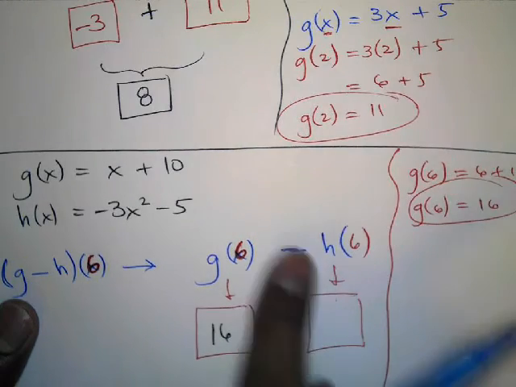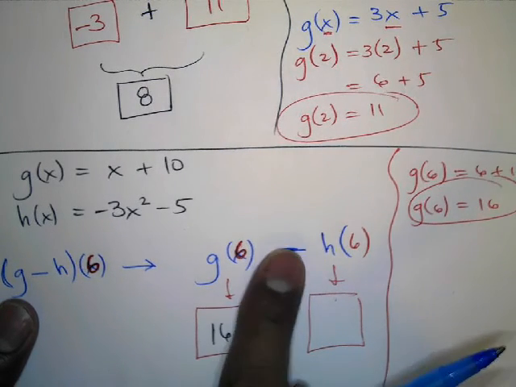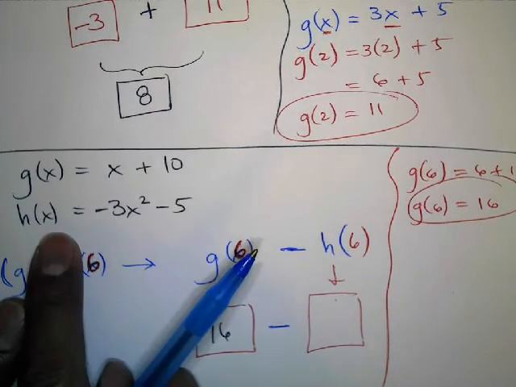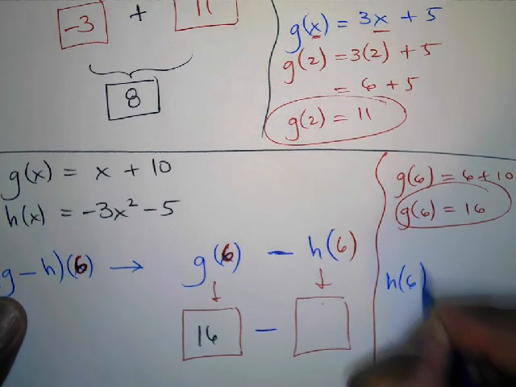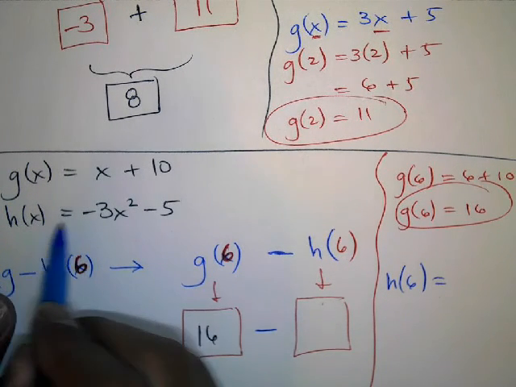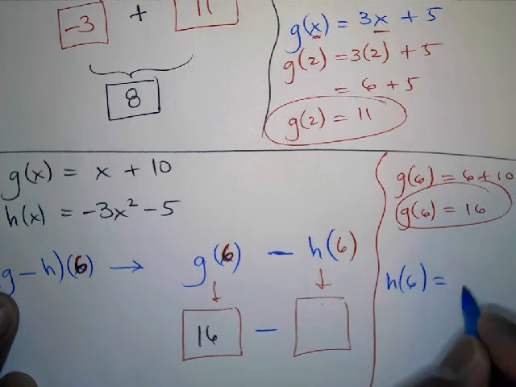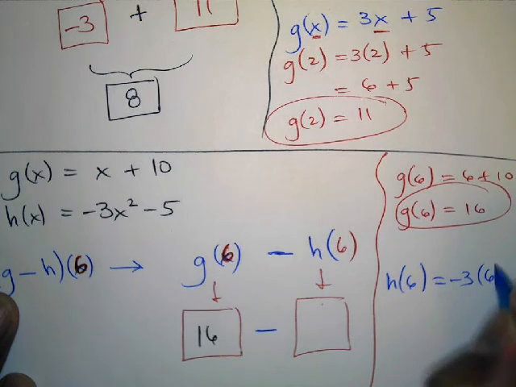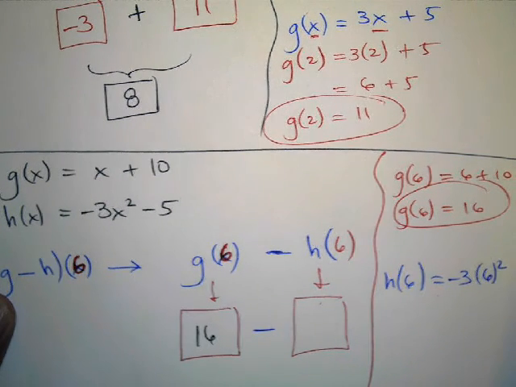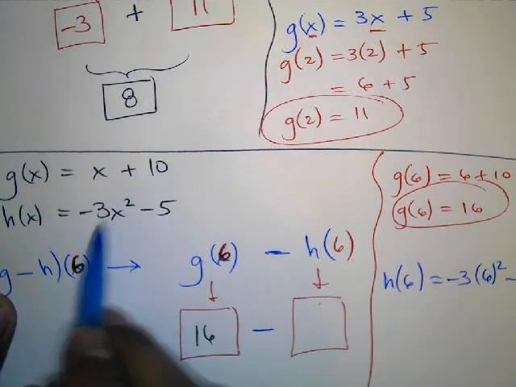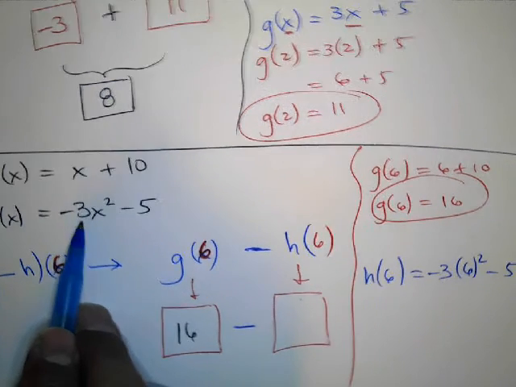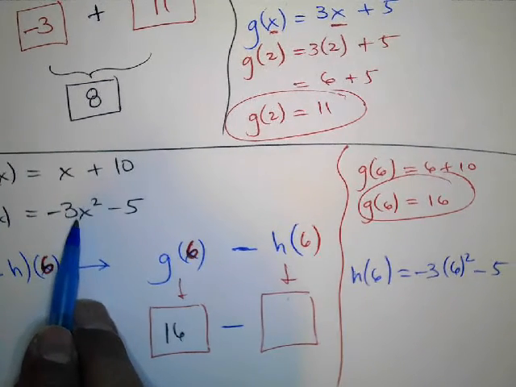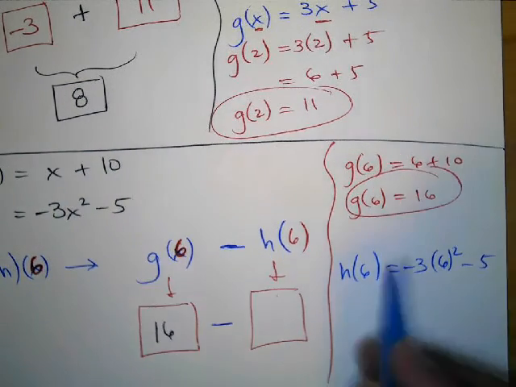And then I also have to find h of 6. Don't think that's a takeaway. Find h of 6. h of 6 would have to be negative 3 times 6 squared minus 5, right? I put a 6 here, and I put a 6 there.